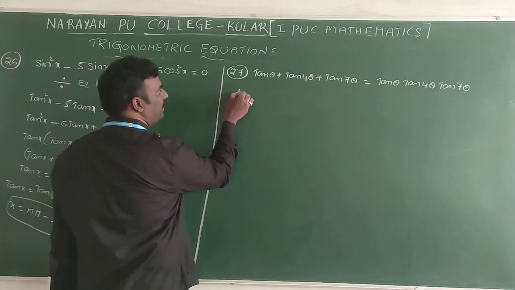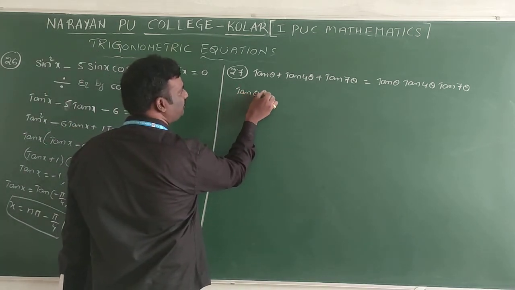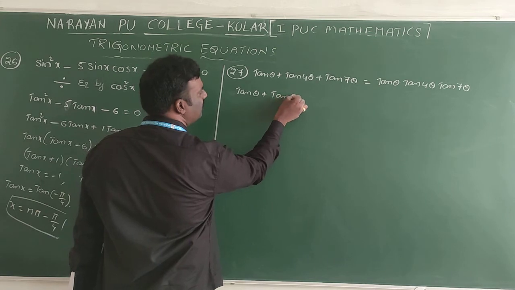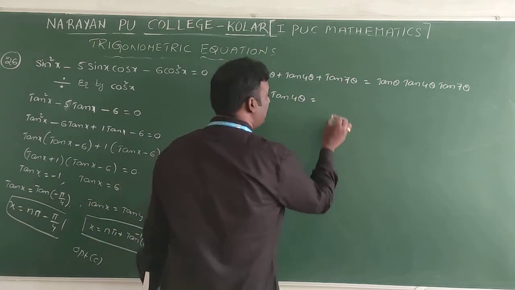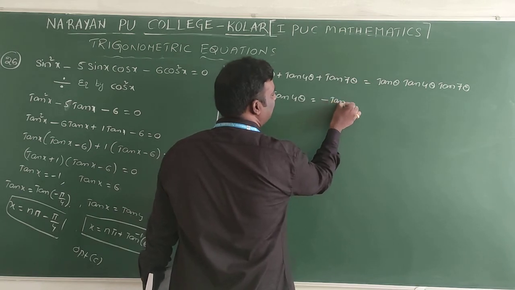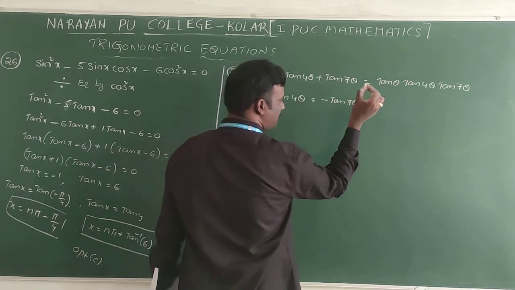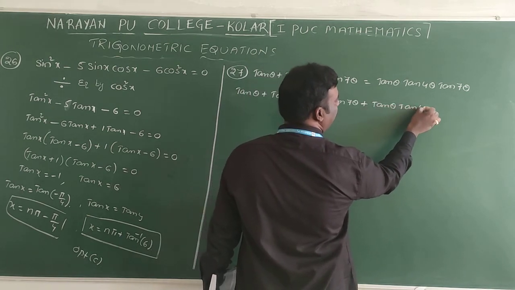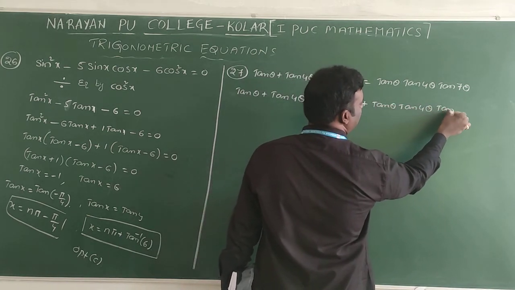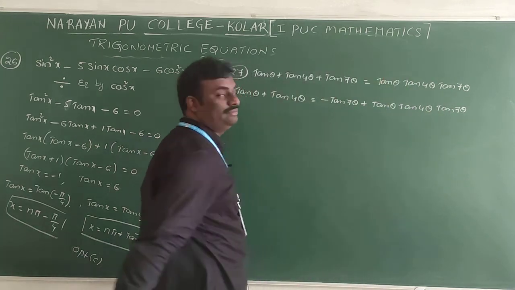Now listen, tan theta plus tan 4 theta is equal to minus tan 7 theta, when the tan 7 theta goes to that side, plus tan theta tan 4 theta tan 7 theta.